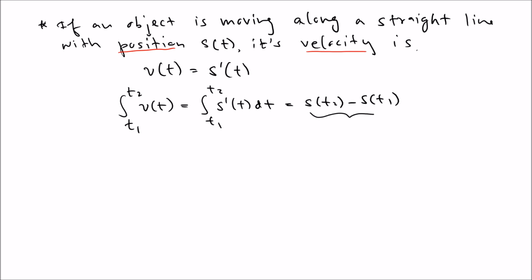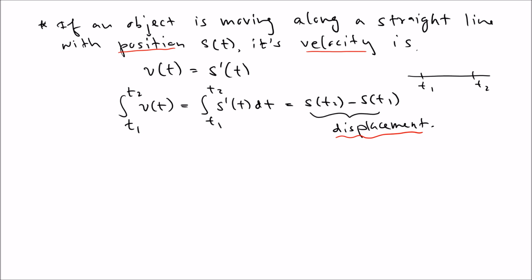So this is simply the displacement between the time interval t1 to t2. Because if it's the velocity, you get the displacement, not the distance.